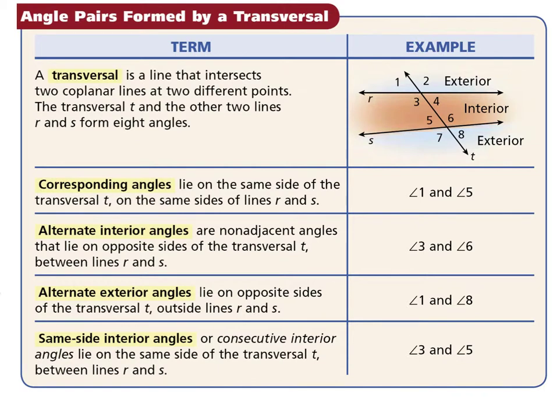So do you understand that they are in matching positions, like upper left, upper left? It's not that they're matching as far as flipping it over or folding. No, it's just sitting in the same position at this intersection and then at this one. If you trace angle 1 and angle 5, which I don't think my screen's going to leave up here very long, but angle 1 and angle 5, what letter do they form?